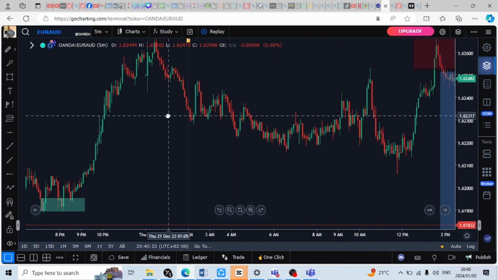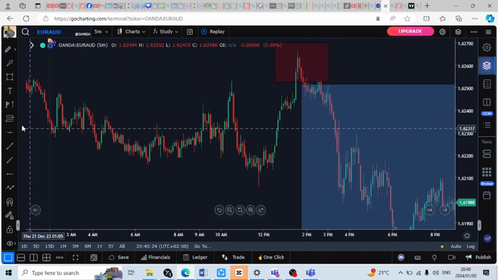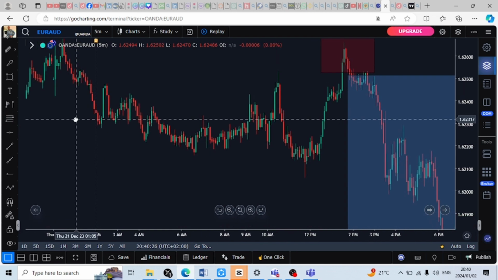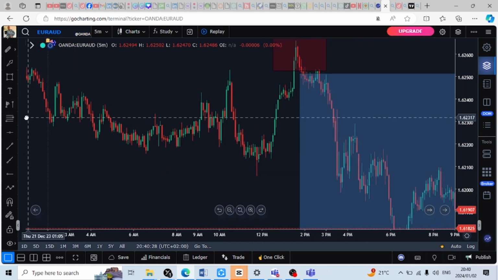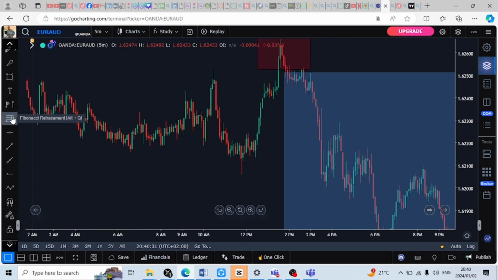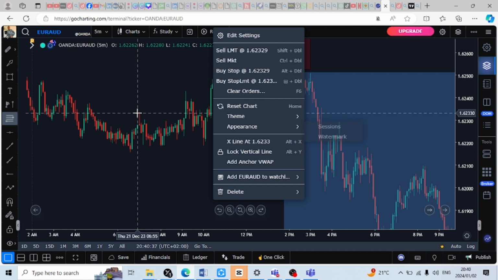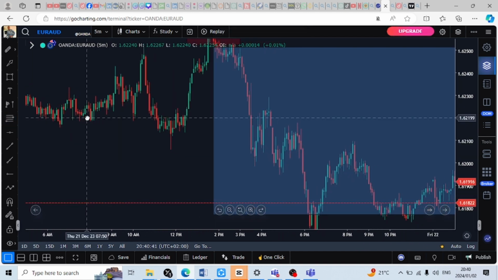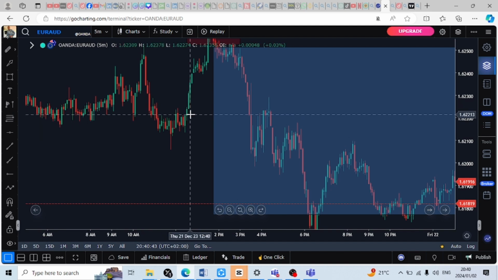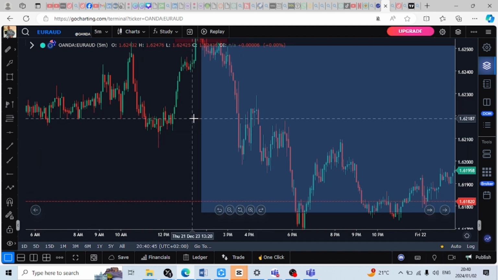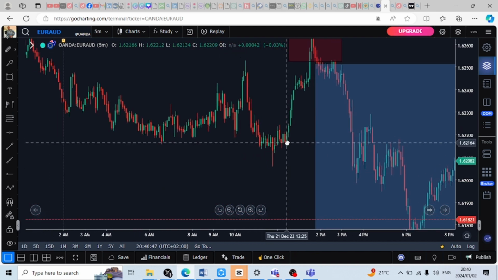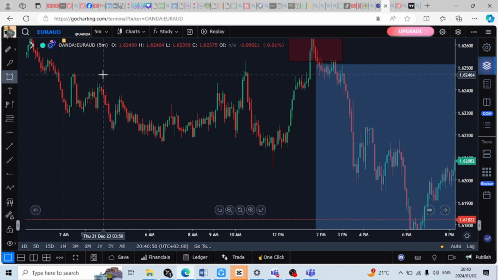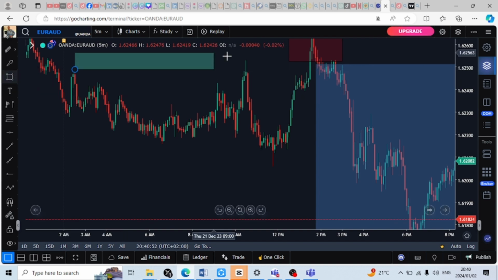Let's see how we're going to trade using that. So we have the distribution taking place here, and we have our accumulation taking place at this particular level.